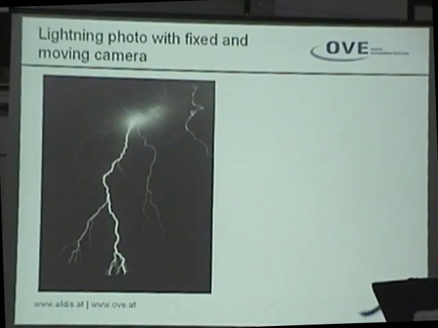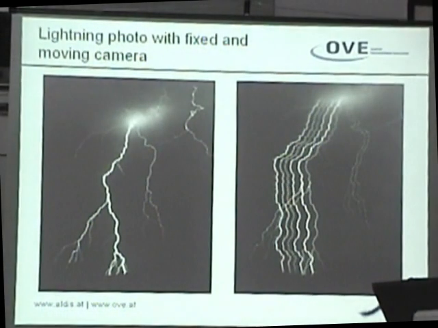This was one stroke, and normally what you see in nature, if you look at a photo, is not only one stroke, you see a complete flash. A flash normally consists of several strokes, not all the time. This is the same flash, one time photographed with a fixed camera, one time with the camera moving.